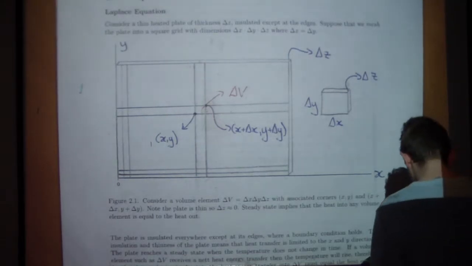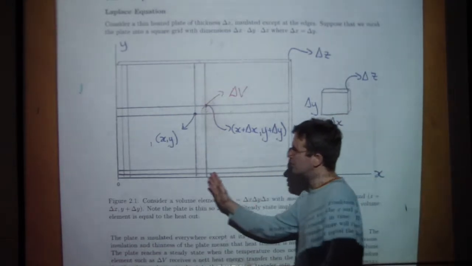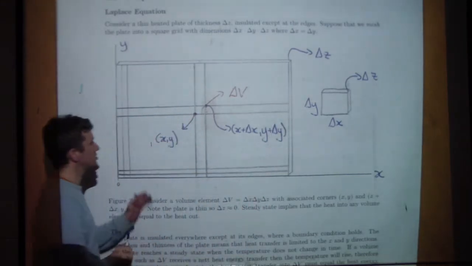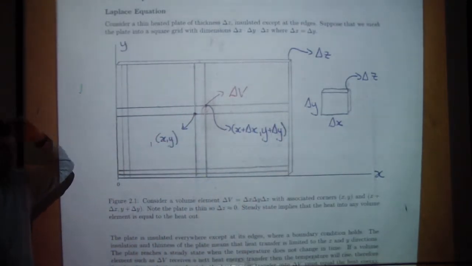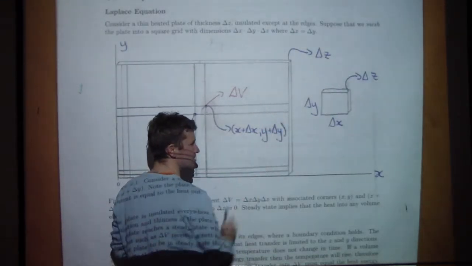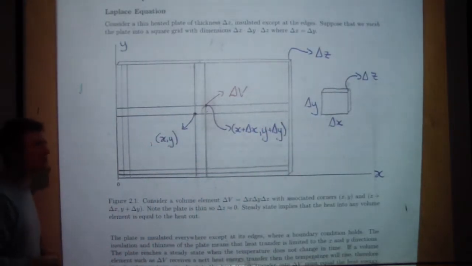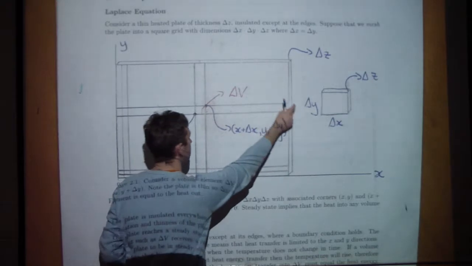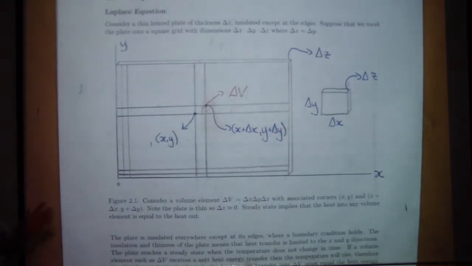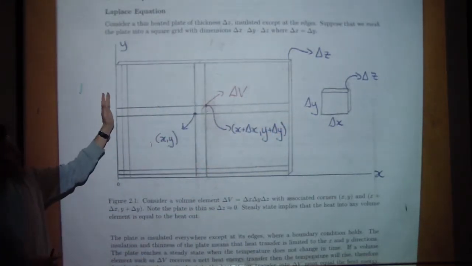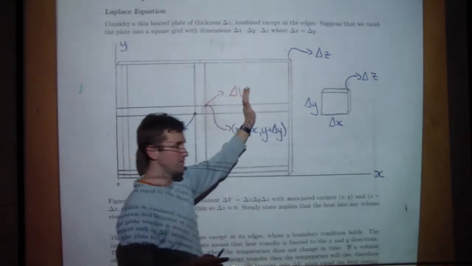Now, say for example this edge is hot, and this edge is cold. When I say hot and cold, I mean high temperature, low temperature. We're going to see there's something called Fourier's law, which says that heat energy flows from hot to cold. So if this is high temperature and this is low temperature, you've got a flow of heat across the plate.